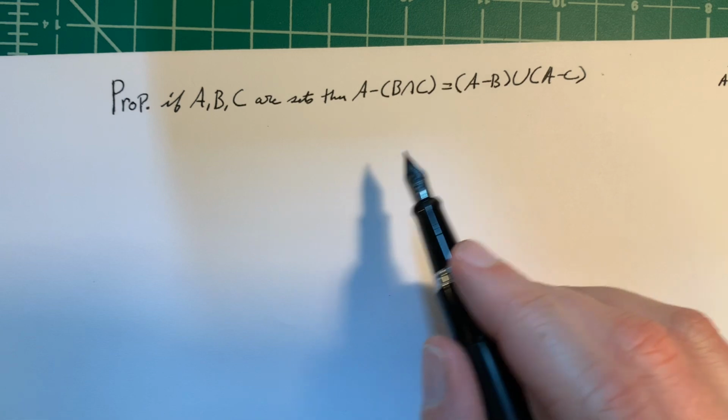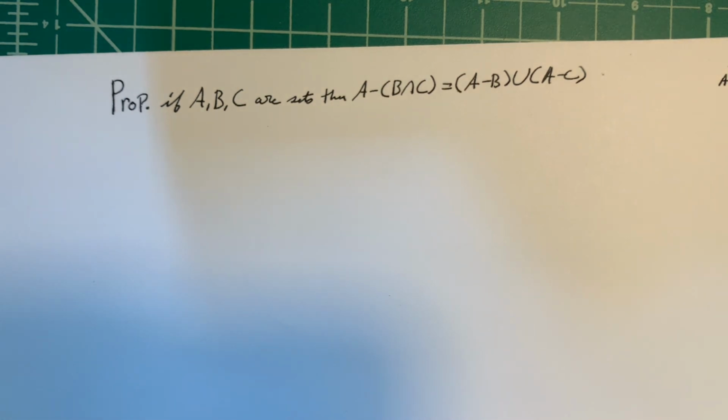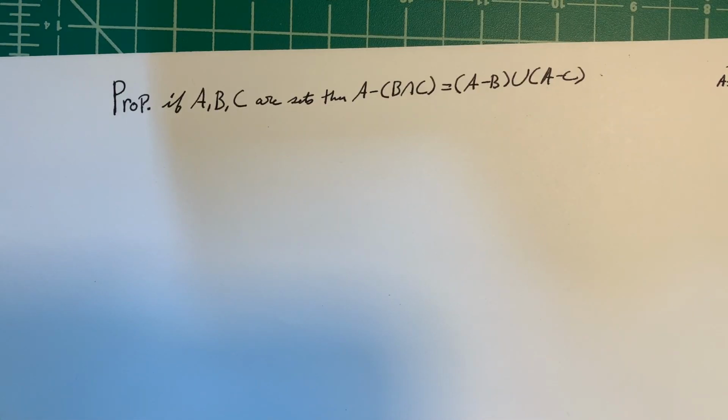Okay, so from there, how do you even prove something with sets? And really, you start with: if an element or an item is in this set, then so on and so forth. That's how you're going to start.